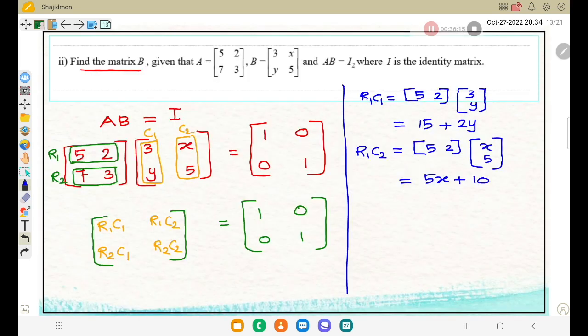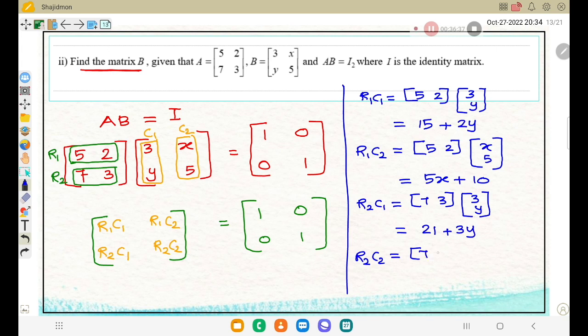Okay. Now the third element, R2, C1, second row. That means 7, 3 multiply column number 1, which is 3, y. So what will be the answer? 7 multiply 3, 21, plus 3 multiply y, 3y. Correct? Same way R2, C2, second row with the second column.